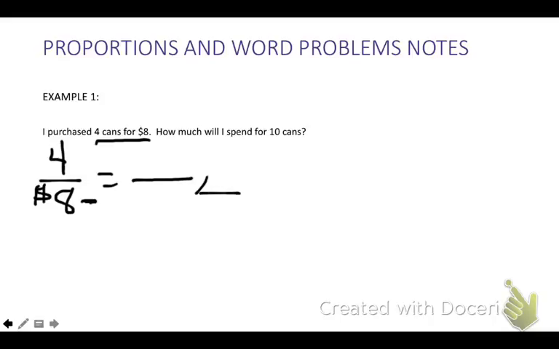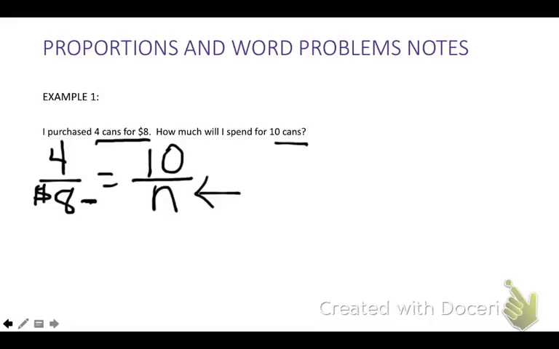So we're going to put money right here. Do we know what money is? Well, from the question, I do not. So let's put 10 cans on top, because that's what 4 represents, cans. And we'll just put a variable or a letter down here. We'll call it N.